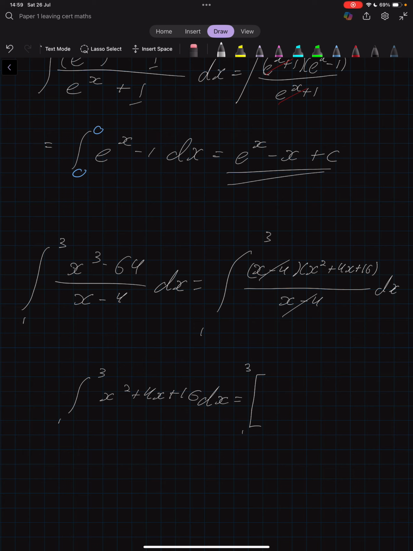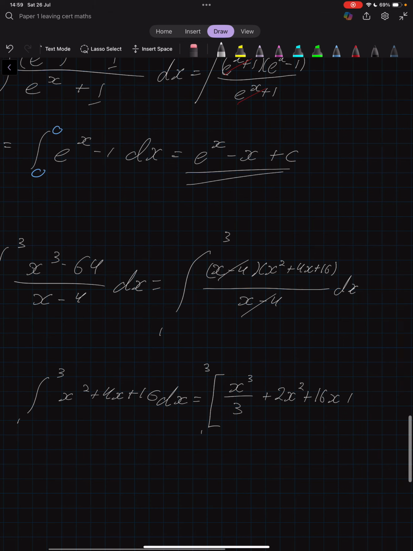I typically put square brackets like this. So first of all, if I integrate x squared, I get x cubed, divide by the new power. X integrated is x squared over 2, multiplied by 4 is just 2x squared. And if I integrate 16, I get plus 16x plus c. So again, we still have the plus c like usual.